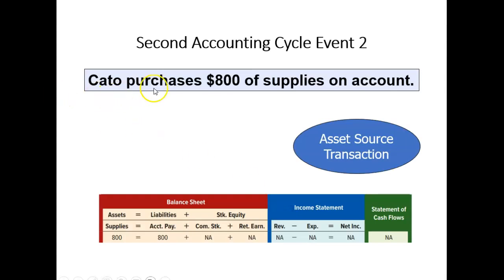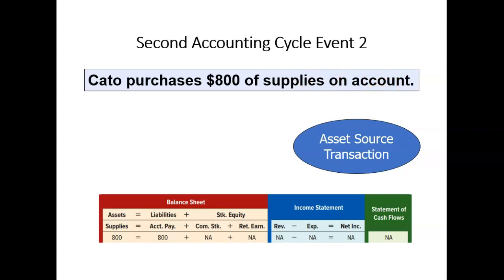Next, we purchase supplies on account for $800. Now supplies are an asset. Supplies are something of value that are owned or controlled by the company. So our supplies account increased by $800. However, when it says supplies on account, that means we haven't paid for the supplies yet.